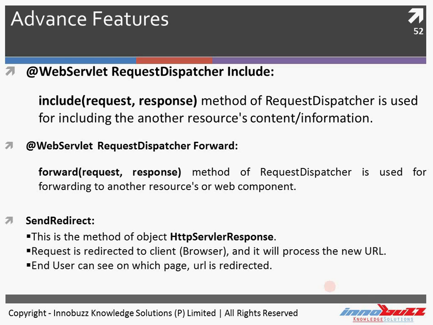So whenever we use sendRedirect, it will process as though it is a new URL. It will be redirected back to the client again, and the new URL will be opened. So the end user can see to which page the URL is redirected. So these are some of the advanced features of servlet. We can see how these work using some small demonstrations.